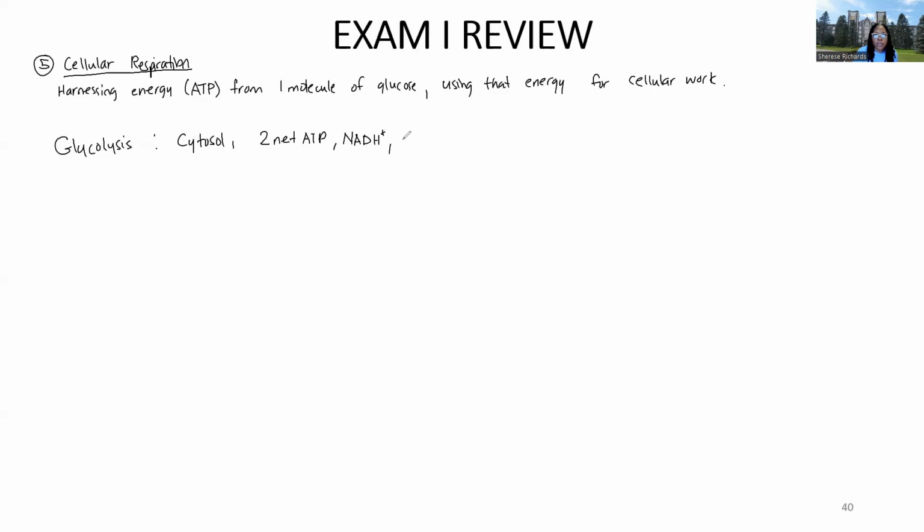We make pyruvate. And this is an example of substrate level phosphorylation. Okay. We actually make 2 pyruvate. So let me clarify that. So per glucose, we make 2 pyruvate here.